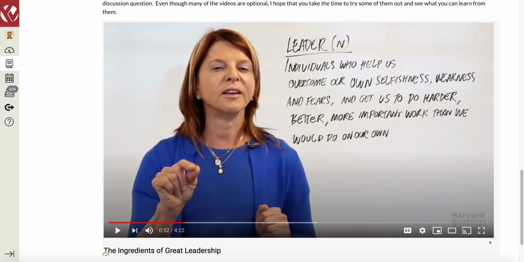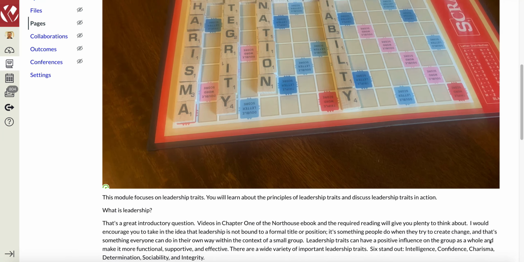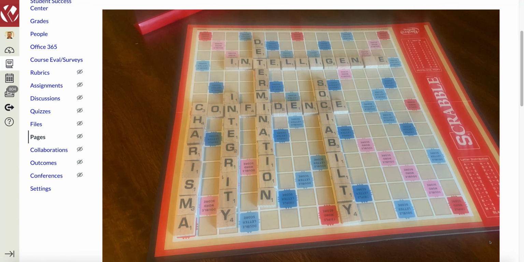And I'll tell you what, if we go back here, I'm just going to give you something to brainstorm on. Perhaps someone with intelligence, perhaps someone with confidence, perhaps someone with charisma, integrity, determination, or sociability. Now, the challenge is for you to figure out, what are your strengths? What comes naturally to you?